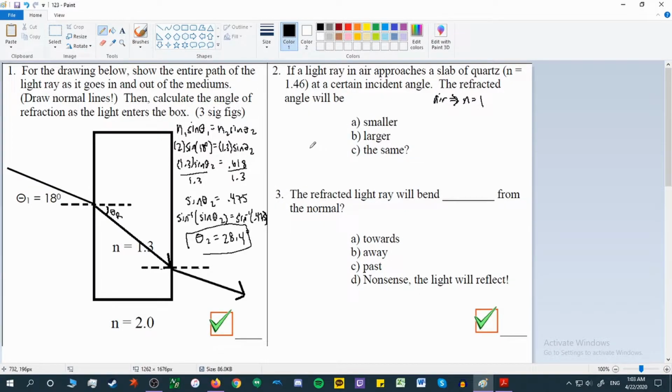So you're going from a smaller index to a higher index. So as it refracts, it bends towards the normal. So my brain likes to answer this question first because it's visual, and then you have to think about the angle. If the incident angle is this big, and if it's bending towards the normal, that refracted angle should be smaller.